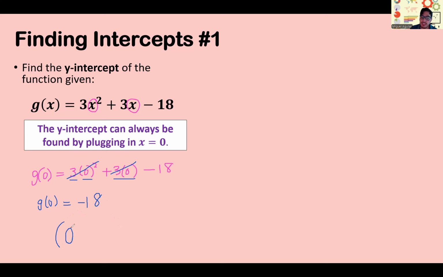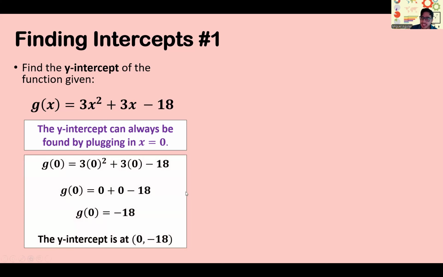So the first coordinate is 0, and the second coordinate is negative 18. And that's it. We found our y-intercept. Any questions, comments? No. Okay. If you go through the PowerPoint, or watch the video on your own later, I have the math. It kind of appears magically here, but it's very simple math, and that's why finding the y-intercept is always going to be way easier than finding the x-intercepts.